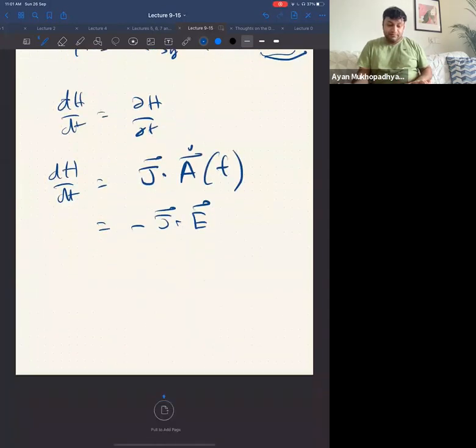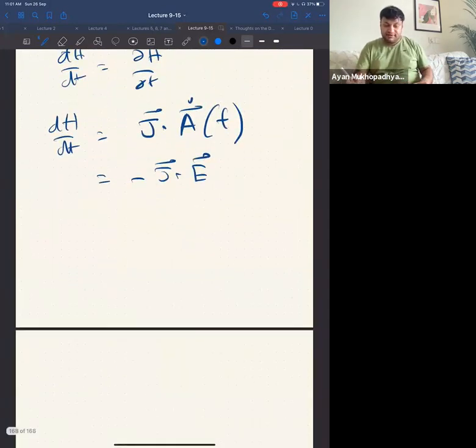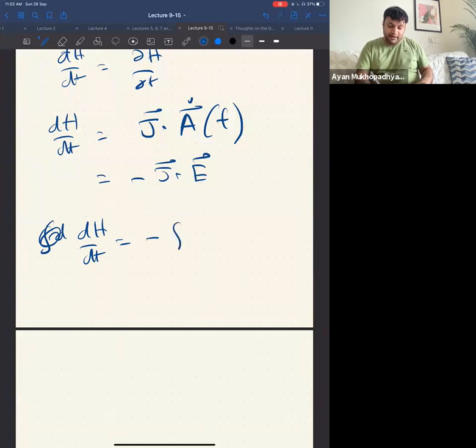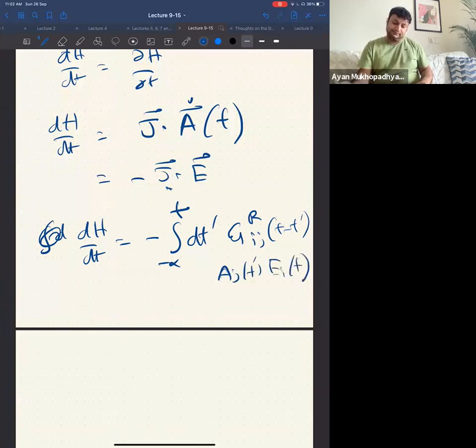Now, J is something that we saw was equal to this. So if I write it down explicitly, dH/dt should be equal to minus the integral dt' from minus infinity to t, where I simply write what J is explicitly: G^R_ij(t minus t'), then A_j(t'), and then I have E_i(t), where E_i(t) of course can go out of the integral.